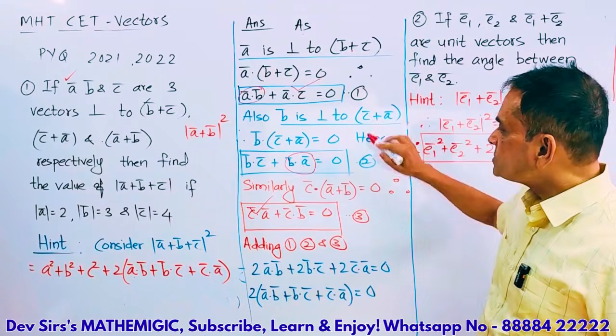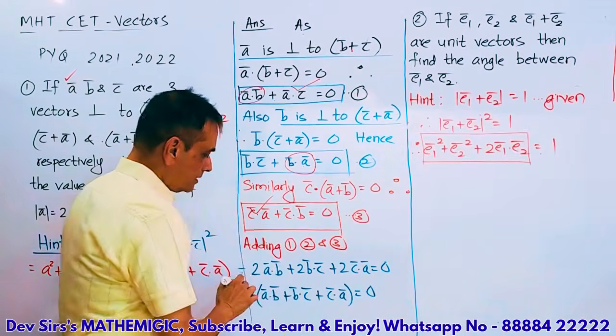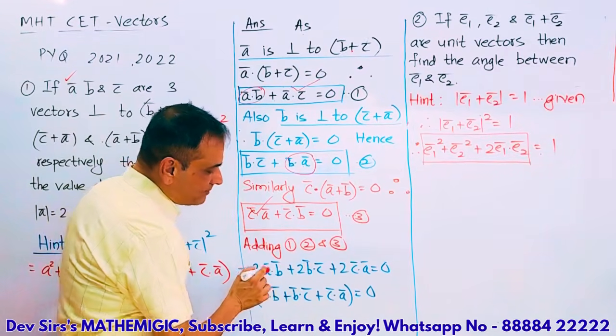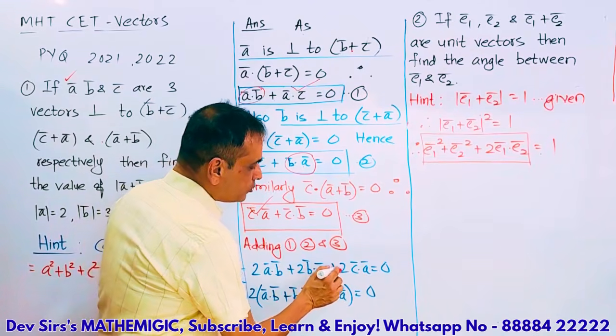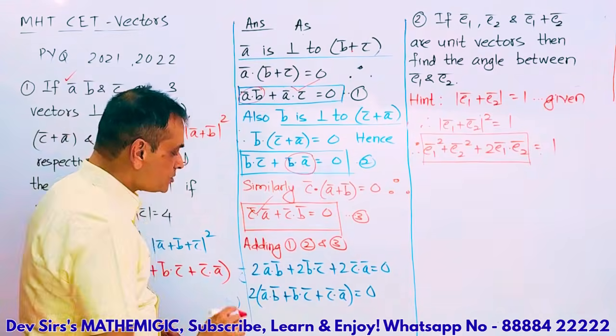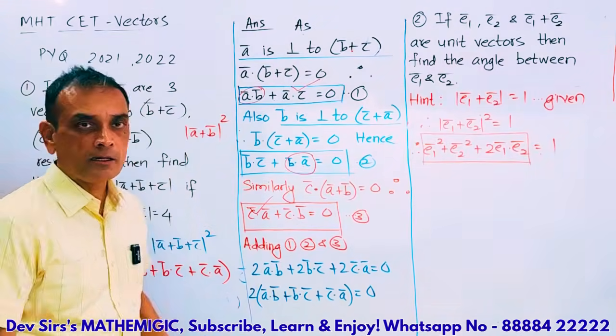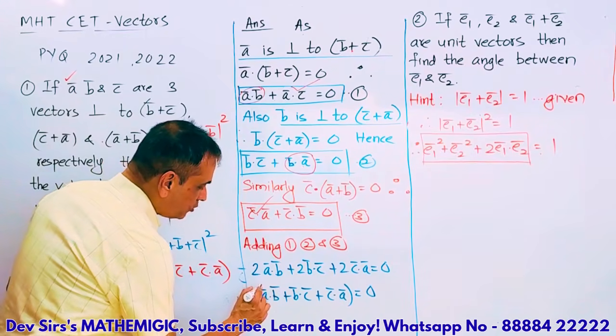Okay, so adding equations 1, 2 and 3, I get 2 a bar dot b bar plus 2 b bar dot c bar plus 2 c bar dot a bar equal to 0. I am repeating, it is not 2ab, it is a dot b. So if I take 2 common, what do I get?